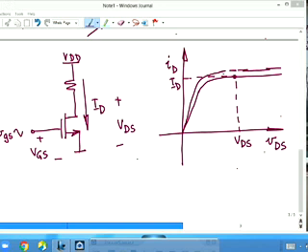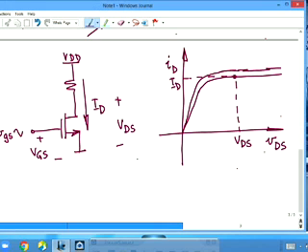It's going to follow a different curve of the same family. Whether VGS has increased or decreased, it's going to follow the upper or lower curve. This curve corresponds to capital VGS. And then what is going to happen? VDS is going to decrease because of the increased current. The resistor is going to take a drop.